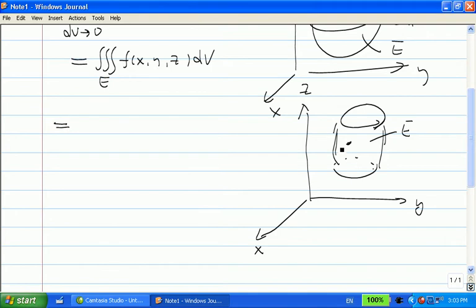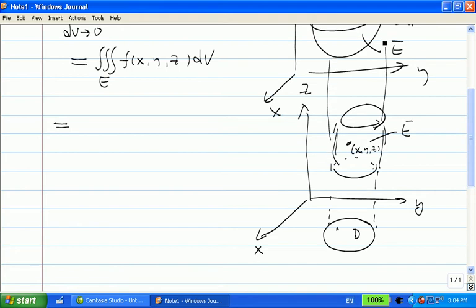Now let's make a projection of this solid onto the xy plane. Then you get a region D on the xy plane. This region D tells you that any point in this solid has its xy coordinates lying in region D. One more thing we need to figure out is the restriction for z.